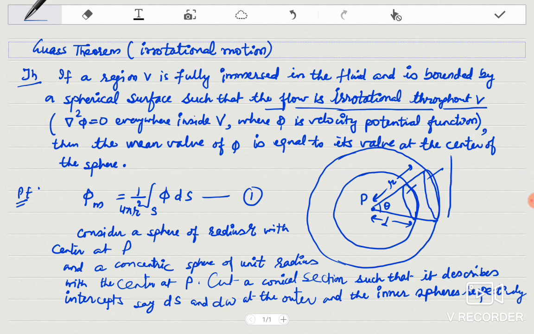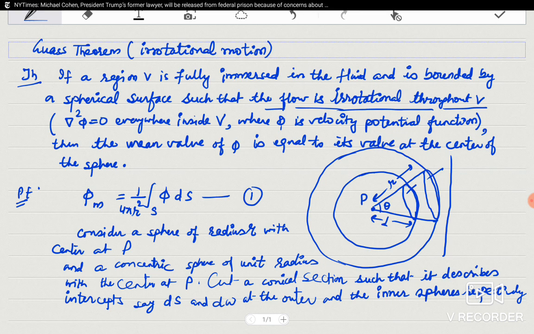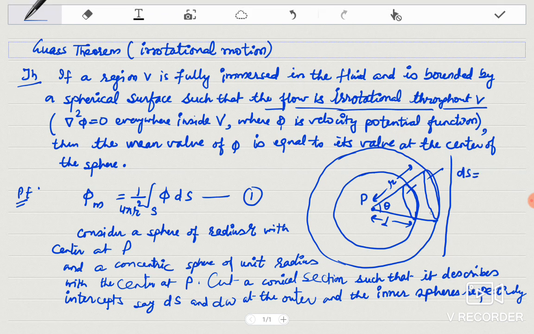Now you will have certain relations. This is the dS intercept.